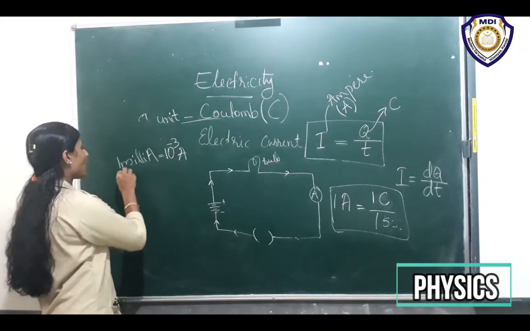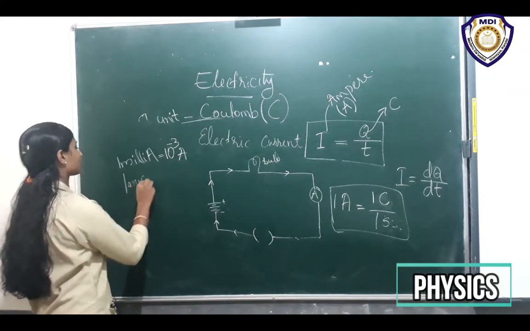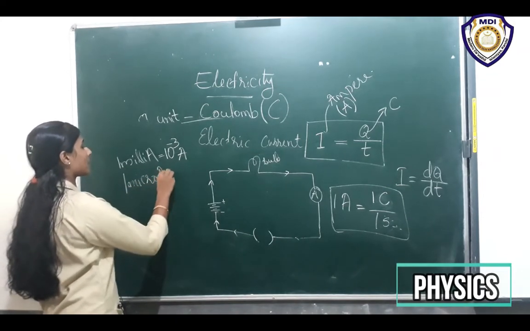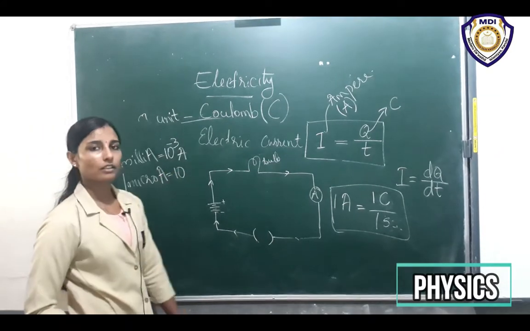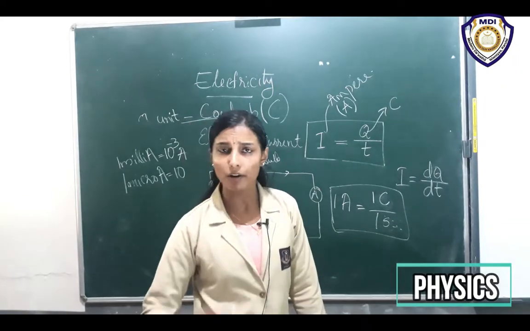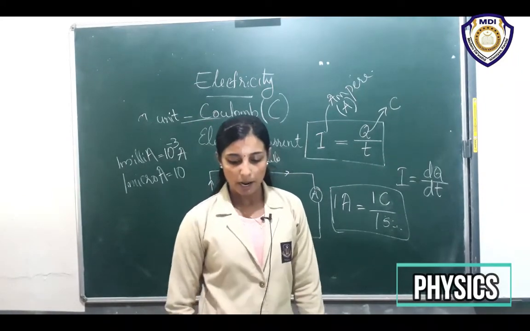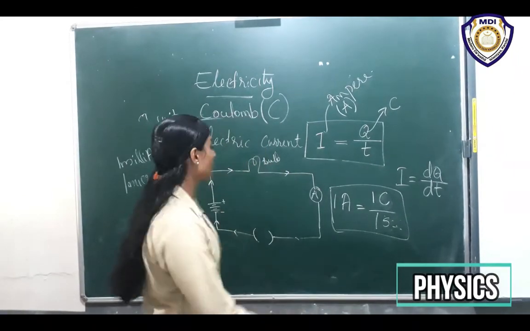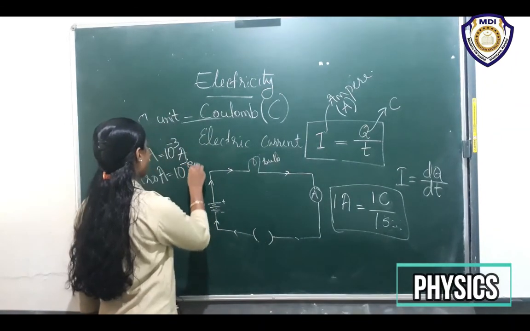And also 1 microampere is equal to, micro is a smaller unit, right? So 1 microampere is equal to 10 raised to minus 6 ampere.